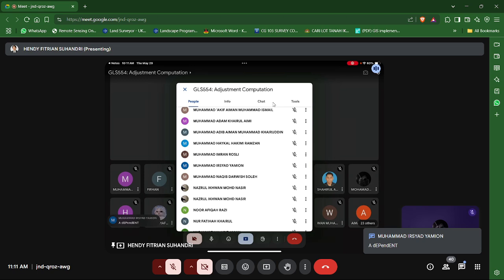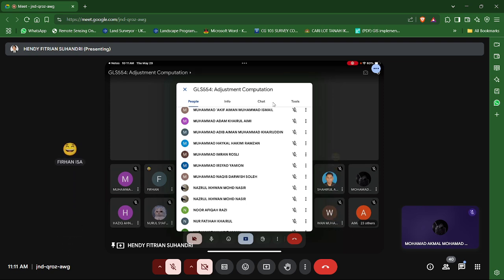Dahsyat dia, jawab dia typing je. Independen mana? Kalau memang dekat tandas, type lah.